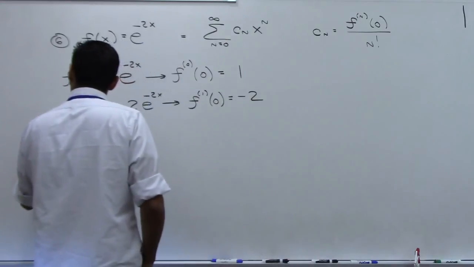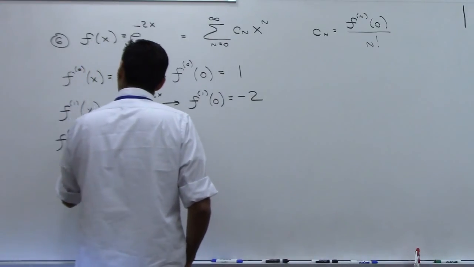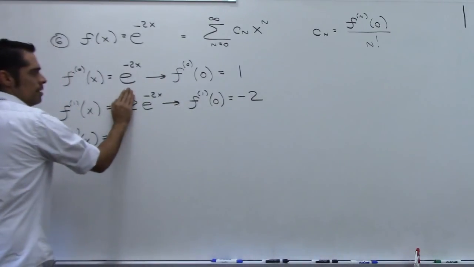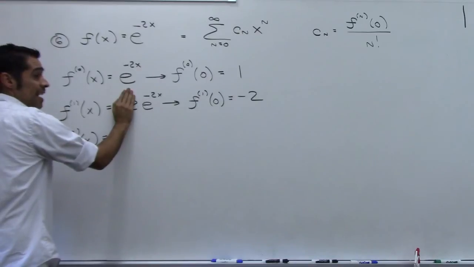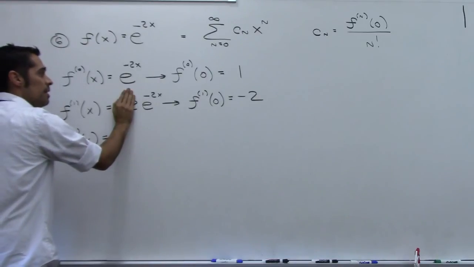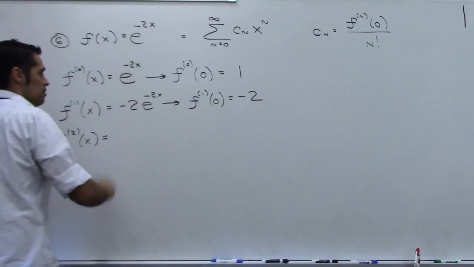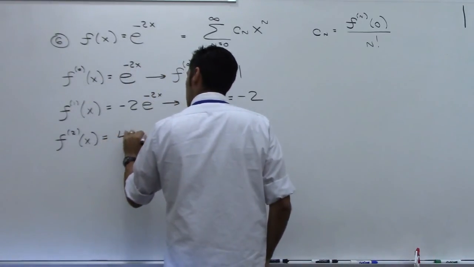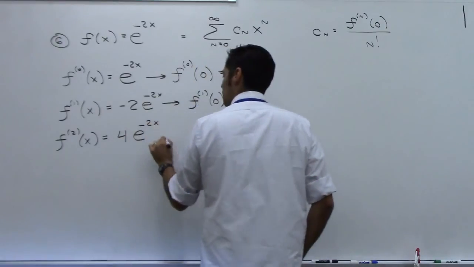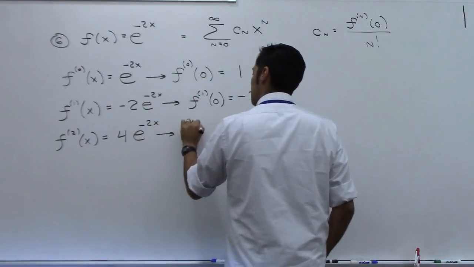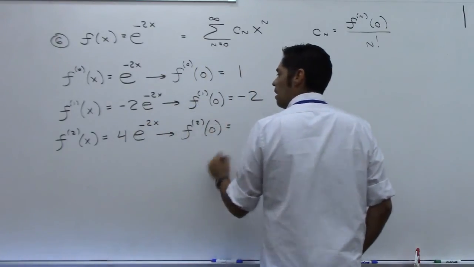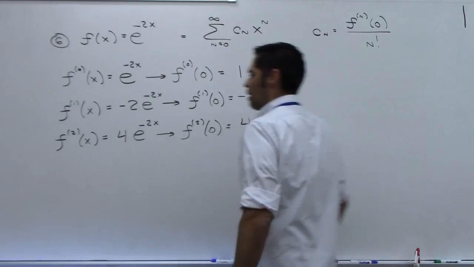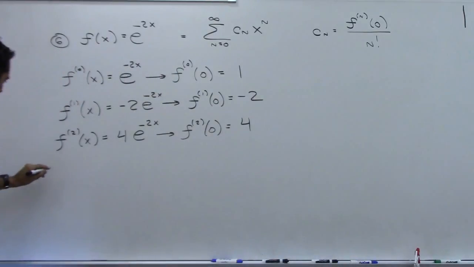Now if I take the second derivative, I cover this up, the derivative of e to the negative 2x is again negative 2 e to the negative 2x, but I had a negative 2 out here, so this is going to become a positive 4 e to the negative 2x. And if I plug 0 into the second derivative, I just get 4. So what's going to happen next time?